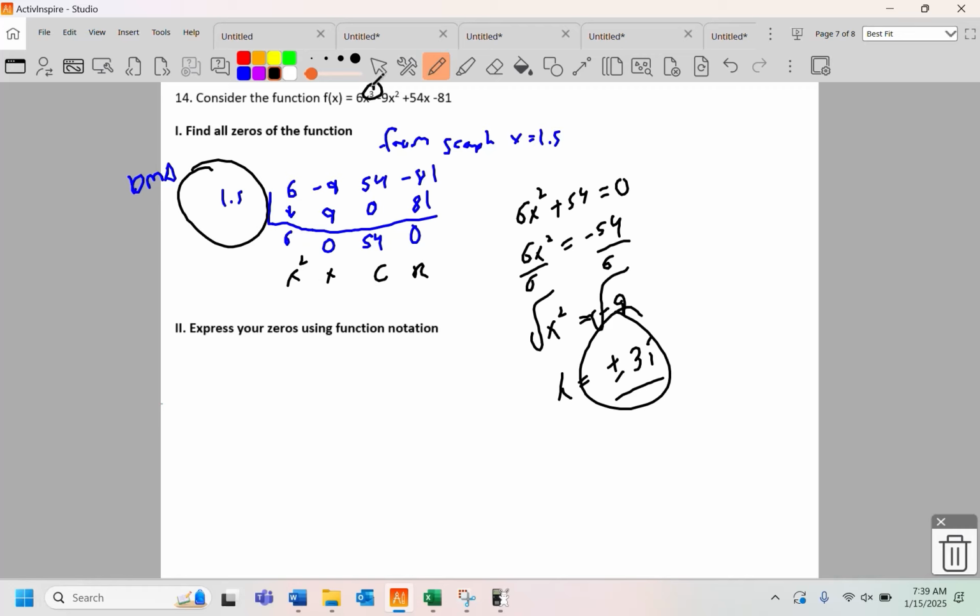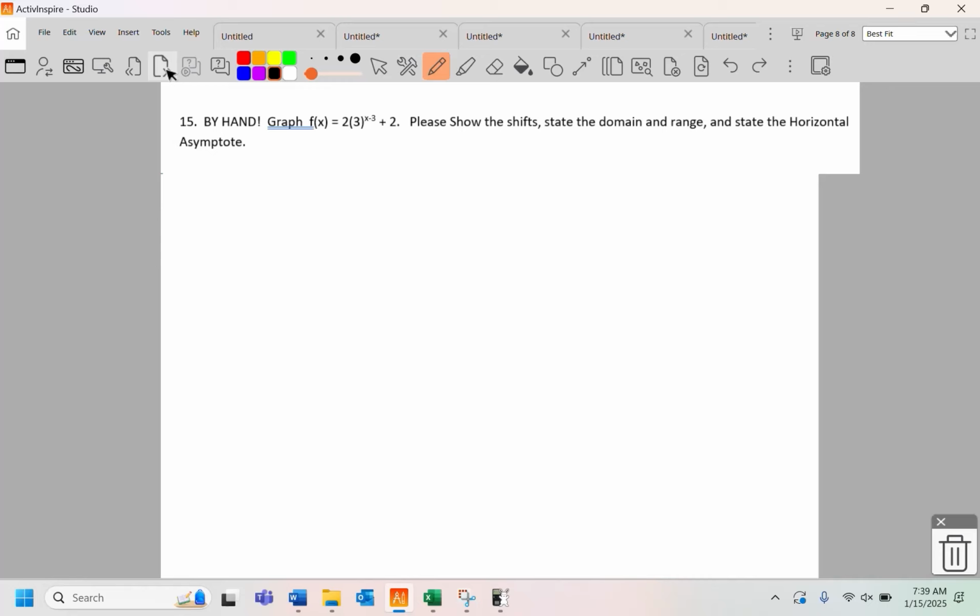Third degree polynomial, fundamental theorem of algebra. Express your zeros using function notation. Now, I like this written as 3/2. So f of 3/2 is a 0, right? F of 3i is a 0, as is her conjugate, -3i. Easy peasy, lemon squeezy.